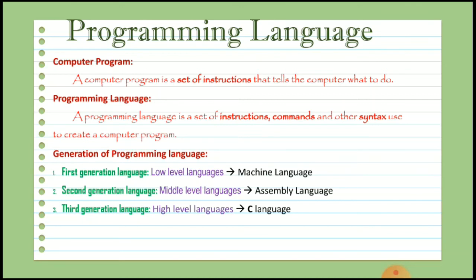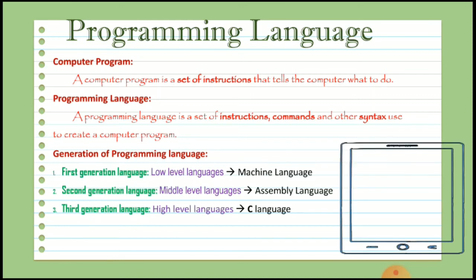To write the instruction, we use the words almost like normal English language. For example, if you want to print something on computer, you can use the word printf. If you want to scan something, you can use the word scanf.